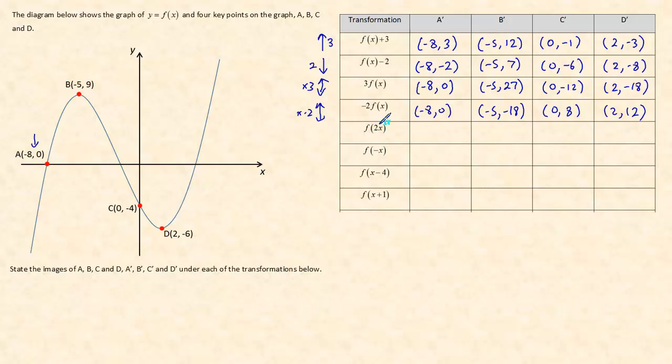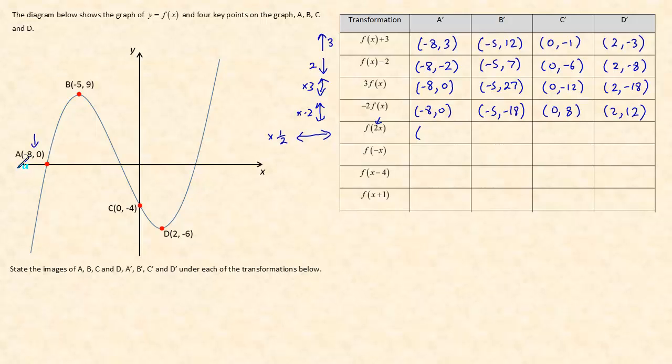Now f of 2x with the 2 directly multiplying the x, that's a horizontal dilation, and the scale factor here is going to be a half. For the horizontal, we always do 1 divided by the number just here. So this is going to affect x coordinates and not y coordinates.